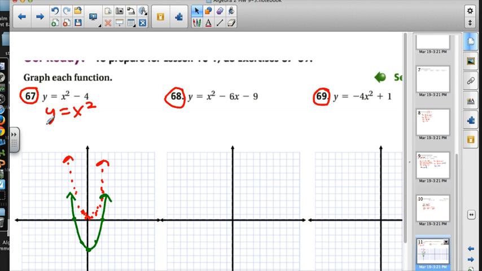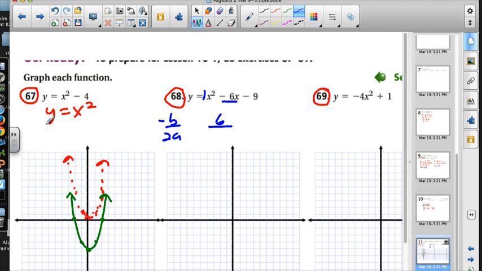So there it is. So just reminding you of how to graph basic quadratic here. Number 68, with that one, what we're going to want to do, because it's not in an A, H, and K format, is remember that to get the x-coordinate of the vertex, you use the little formula negative b over 2a. So negative 6 is our b value. The negative of negative 6 would be 6, and then a is a 1 here, so that would give us 3.